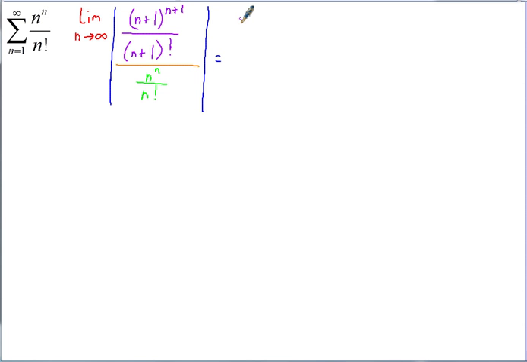So we'll have n plus 1 to the n plus 1 power, divided by n plus 1 factorial, and then that's times the reciprocal, and that would be n factorial over n to the n.